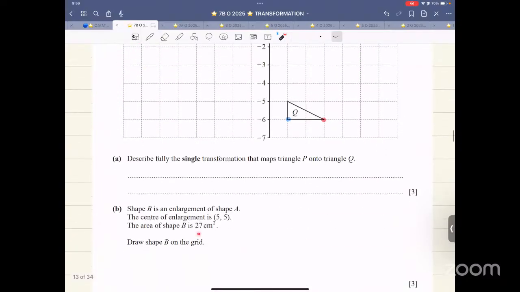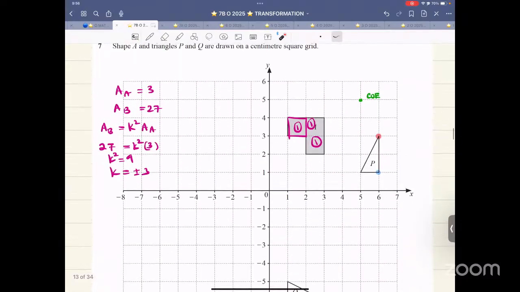So now the scale factor is 3. That means you have to do some counting. So 1, 2, and then 1 down. So that will give me this point. So let me mark this point, which is over here. Let me mark this thing as R. Let me mark this thing as S, and so on.